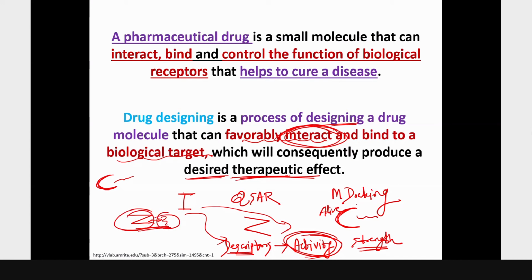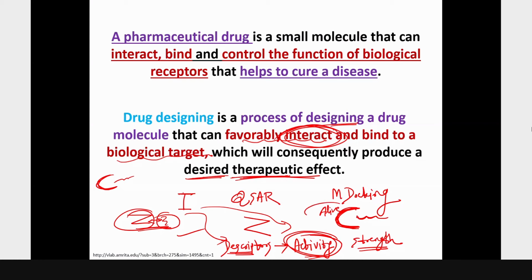But in docking, we are again using some kind of computational method. Here also we have mathematical equations, but in these equations there will be some criteria that take into consideration how the two things should interact with each other.